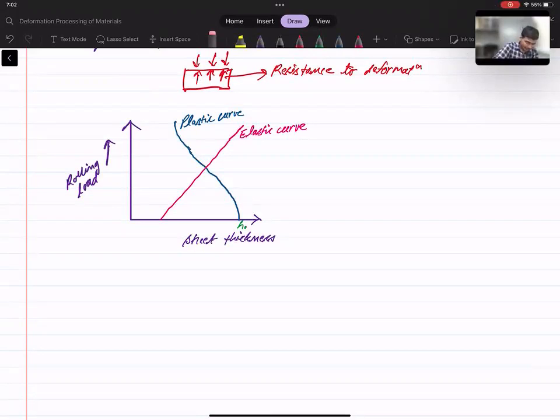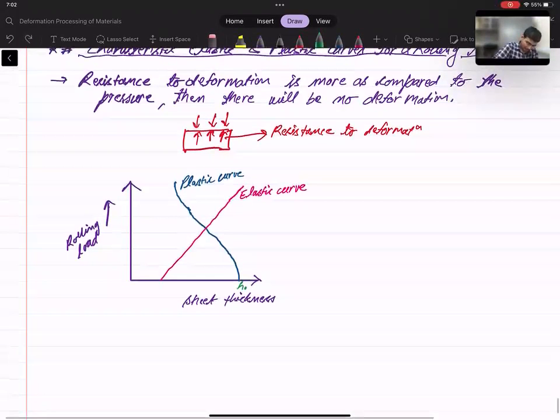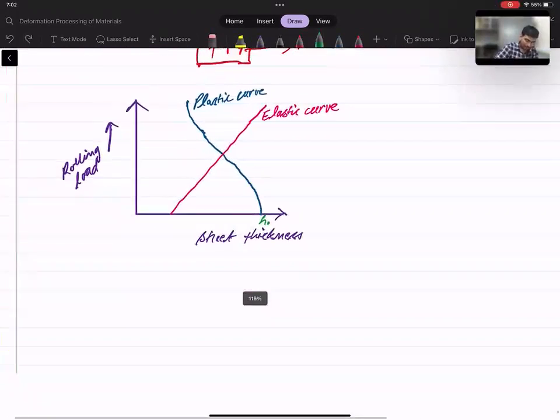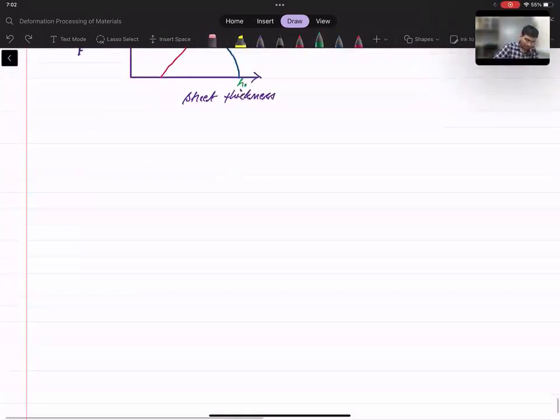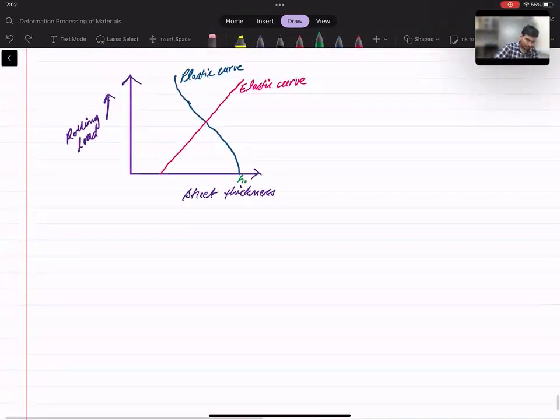So at these particular conditions, suppose I need to reduce the thickness to HF.